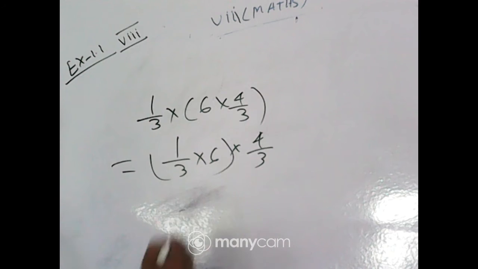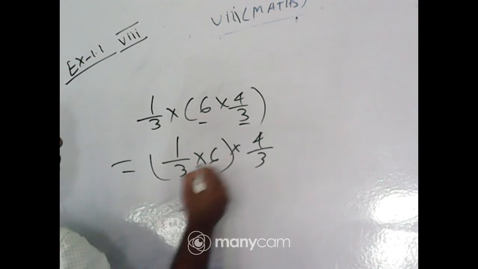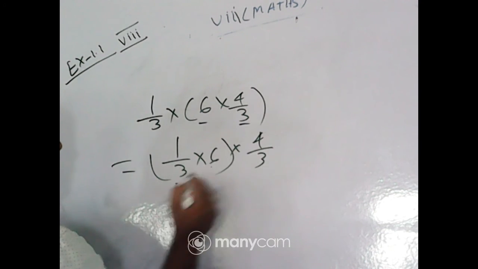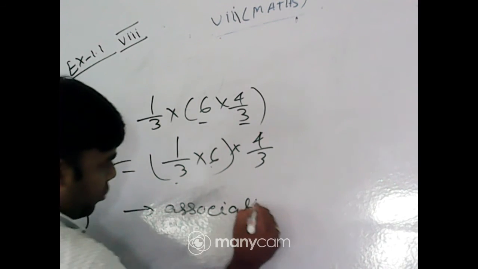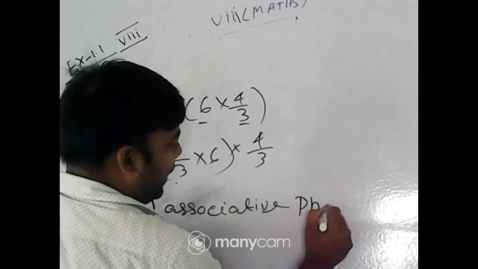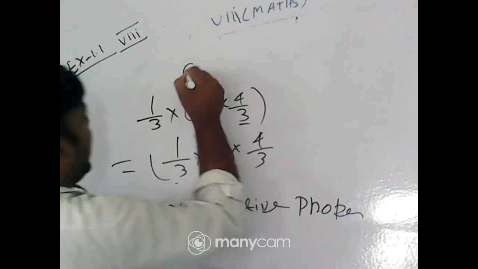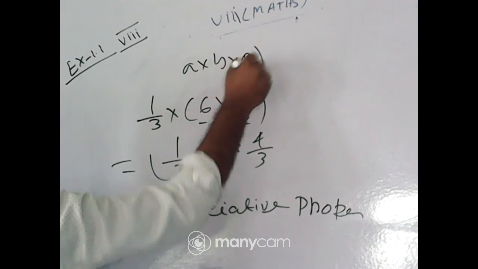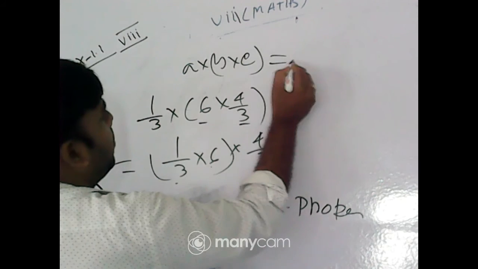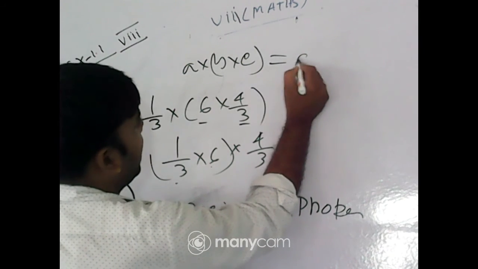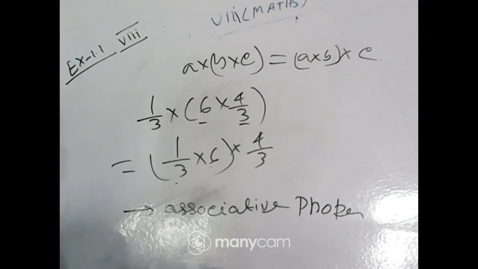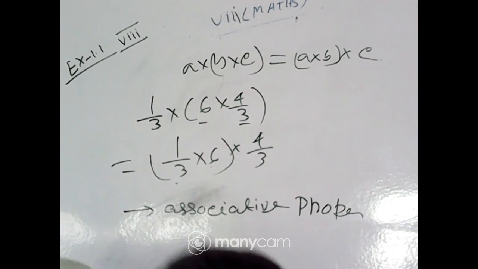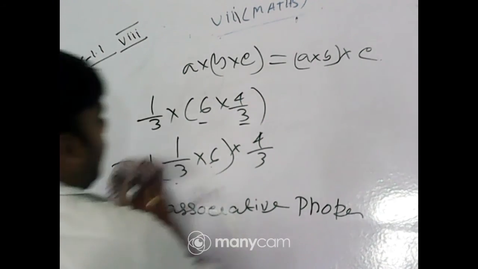Yes, just changing the bracket, covering 6 and 4 by 3 here, and 1 by 3 and 6 there. So it is the associative property. Okay, students, associative property, just changing of bracket. Again, I am saying A into B into C: the bracket covers B and C, or if you write it covering A and B, it is still right. It is the associative property.